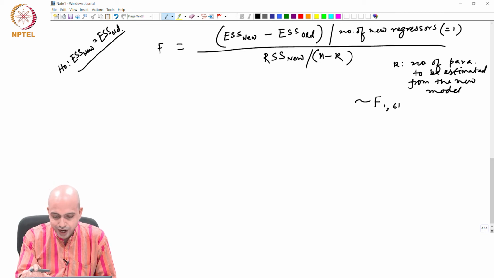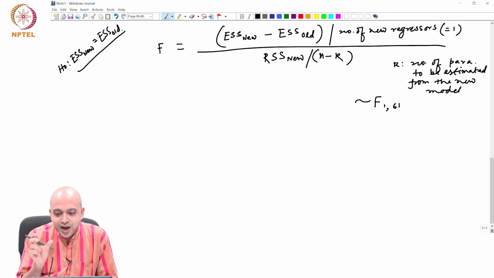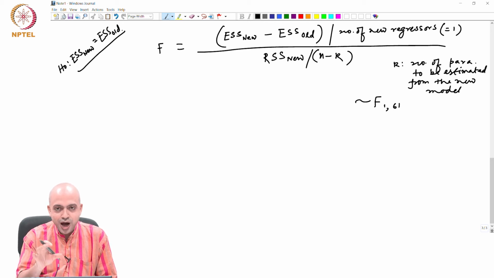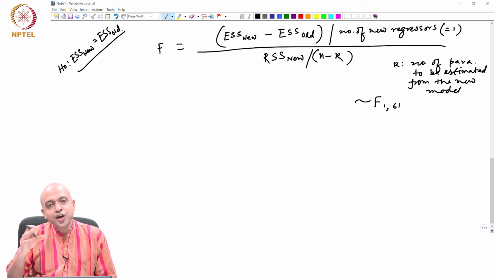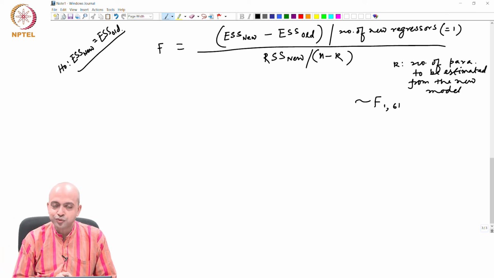But look at the way we have constructed the test statistic: it is the difference between ESS new and ESS old. So, the higher the difference between ESS new and ESS old, the higher would be the value of F, and the higher the calculated F, the higher the probability that it is greater than the tabulated value.